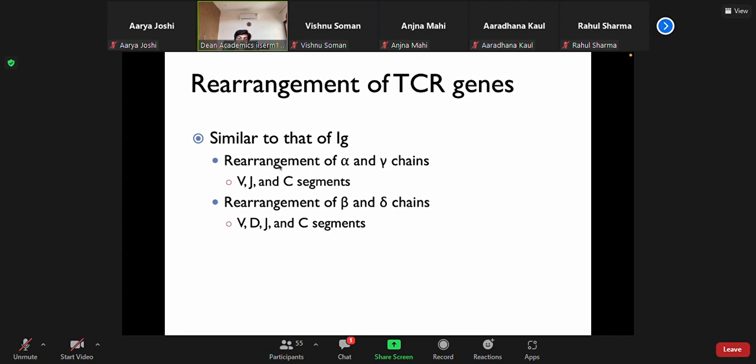Obviously, you don't have a different class switching mechanism for TCR, so you have only one constant region. For beta and delta chains, you have VDJ and then the constant region. Now you can see from this that beta and delta are similar to the heavy chain in BCR, and alpha and gamma are similar to the light chain in B cells.